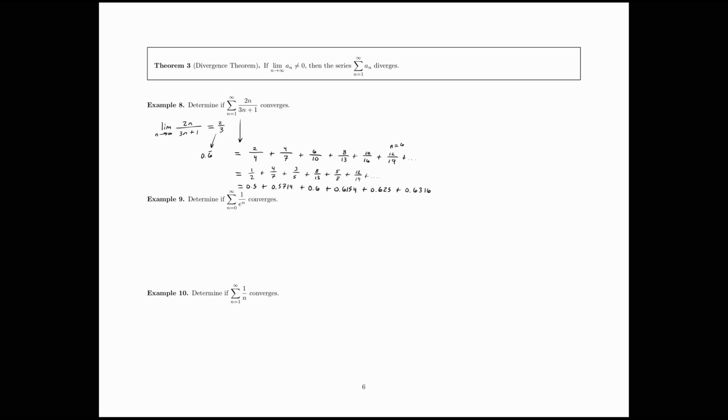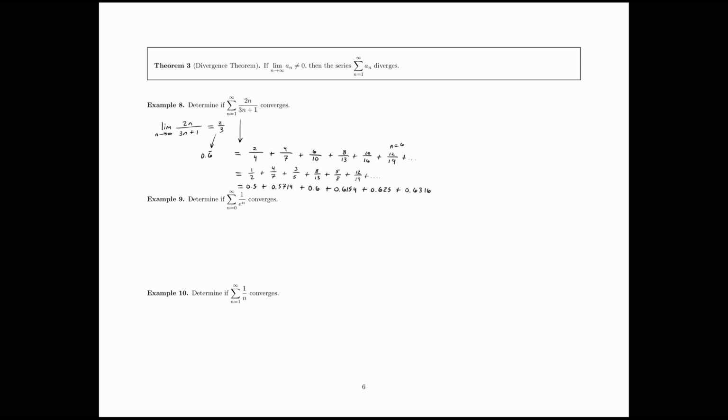If all but finitely many of them are virtually indistinguishable from 2/3, then adding up 2/3 an infinite number of times gives you what? Infinity. These numbers are getting bigger. So that's exactly what's happening.